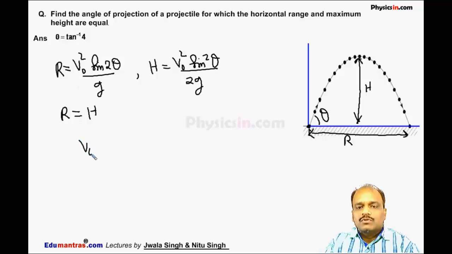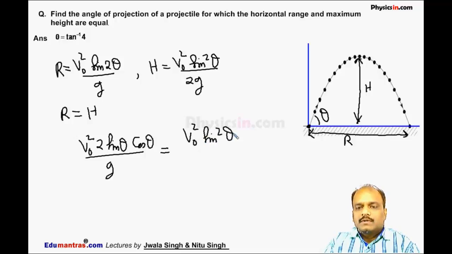We get V0 square sine 2 theta, which can be written as 2 sine theta into cos theta, divided by g, that is equal to the maximum height, V0 square sine square theta divided by 2g.